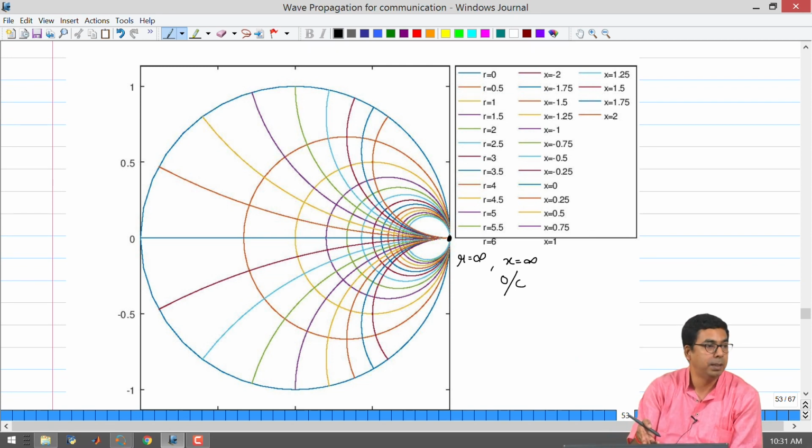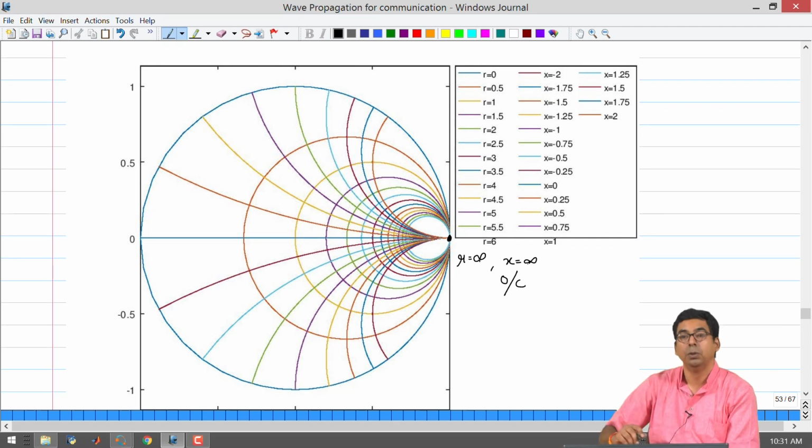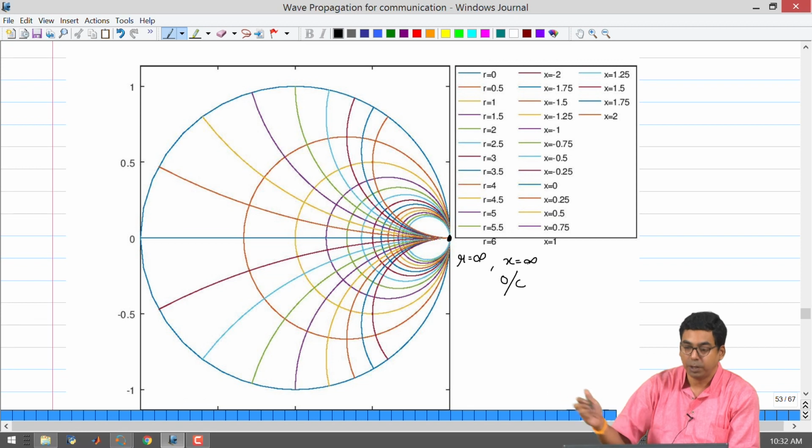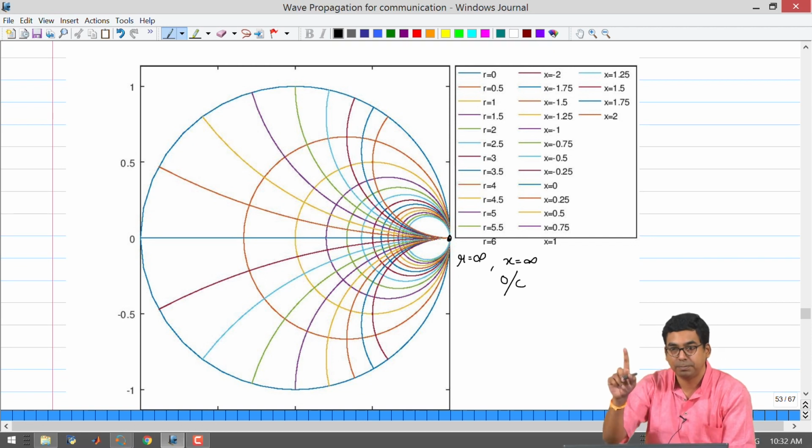This is the third method, which is the graphical way, okay. Now, you know that on the right hand side of this chart, R is equal to infinity, X is equal to infinity. So, if somebody tells you that the load impedance is open circuit, you can quickly go to the Smith chart, mark this point and say that the reflection coefficient is going to be 1.